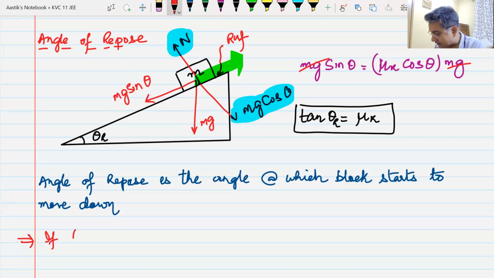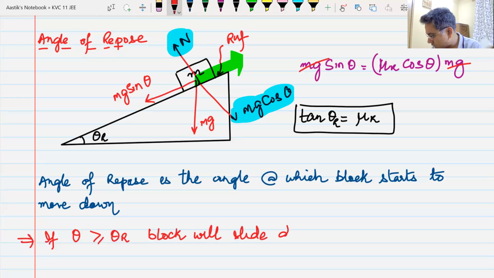If your angle of inclination theta is greater than, or let us say equal to your angle of repose, the block will slide down.